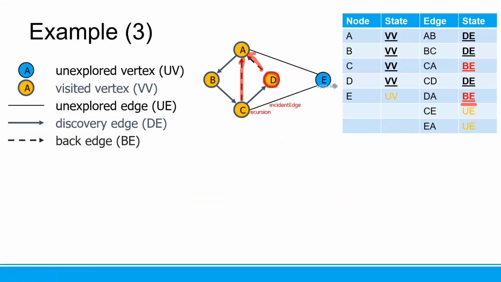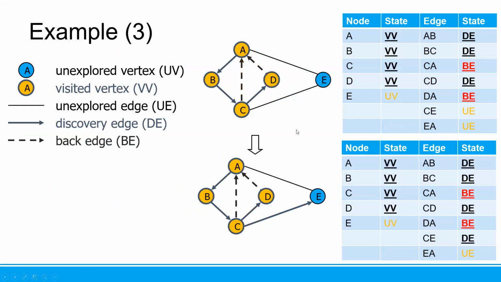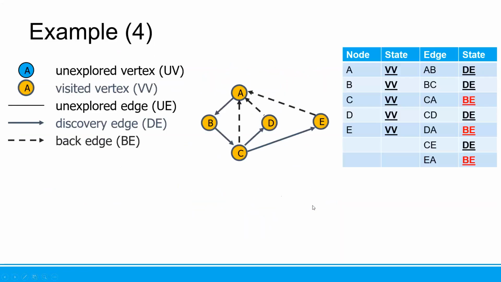And then let's check again the opposite, whether the opposite is already visited or not. Because this E has not been visited or it is unexplored, then we set CE as a discovery edge, and then we go to this E and put this as the visited vertex.